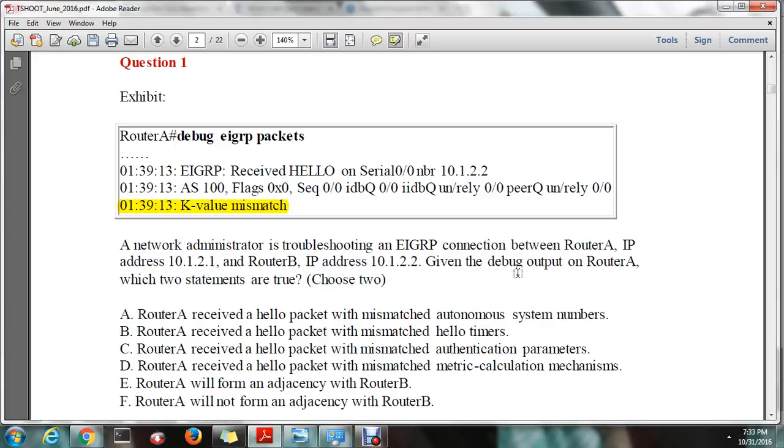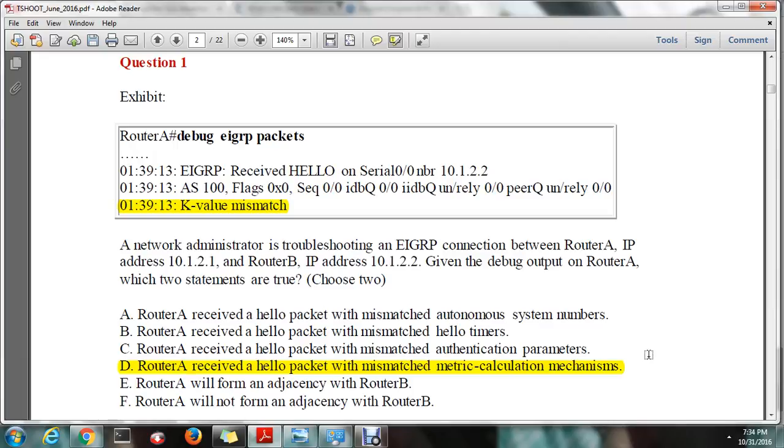Router A received allow packet with mismatched metric calculation mechanism. Yeah, this is the right answer, because the metric calculation is nothing but k values. There are 5 k values, and if any of the k values is mismatched between the two routers, it denotes the metric calculation mechanism, because k1 is used to calculate the metric, and there are k1, k2, k3, k4, k5.